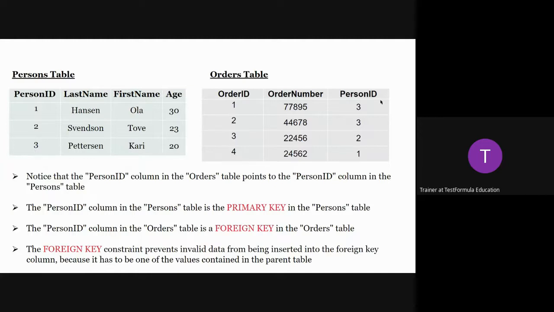But in the orders table, person ID is a foreign key, because notice there are two threes here, so it cannot be a primary key. There are duplicate values. So person ID in the persons table is a primary key, and person ID in the orders table is a foreign key. Based on the person ID, we are connecting the two tables on the person ID column.